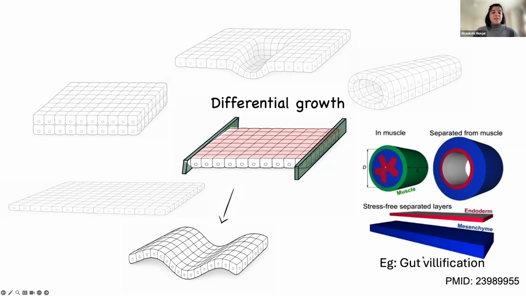And this is, again, like a lot of our understanding comes from the work done by Maha in collaboration with Cliff Tabin on showing how this patterned expansion under constraint can cause these very reproducible organized folds during gut vilification in chicken.